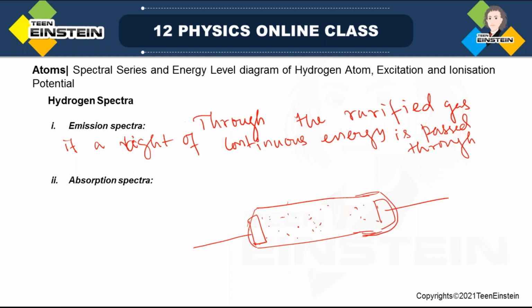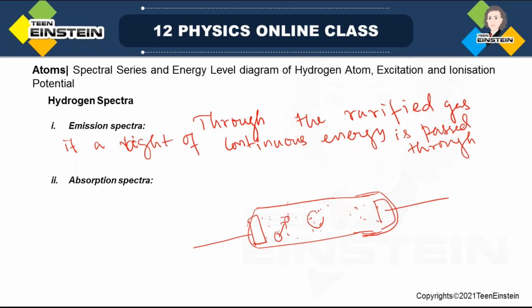How does it do that? If you have more than one atom, they transfer energy through collision. Atoms which have higher kinetic energy collide with the others, and by that they transfer energy to each other.